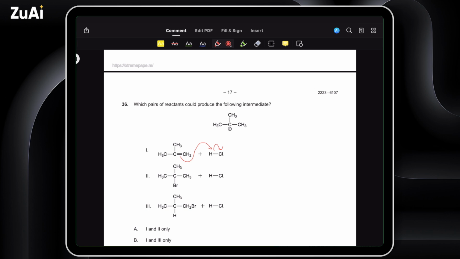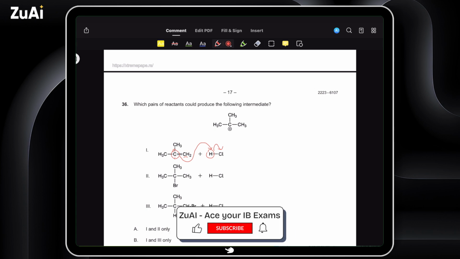If hydrogen goes to this carbon, then there is a plus charge, but the hydrogen will go to the carbon which has the greatest number of hydrogens, so that's why this compound is formed.